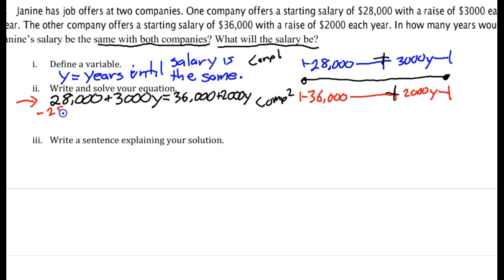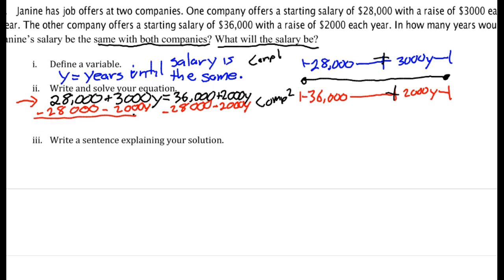Alright, so I'm going to solve this by subtracting 28,000 on both sides. I'm trying to avoid negatives. So if I subtract 28,000 from 36,000, that'll keep it positive. And as long as I have variables on one side and the numbers on the other, I'll be okay. So I'm going to subtract 2,000 Y on both sides.